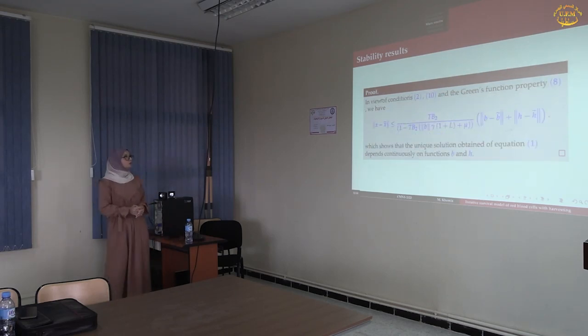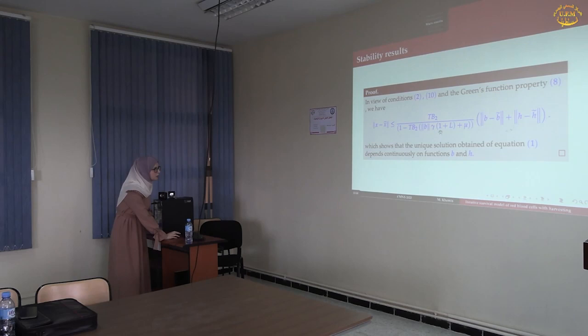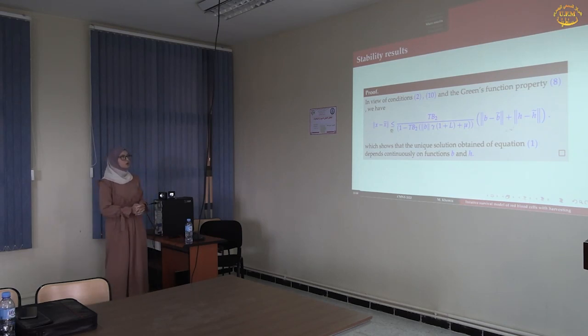So in view of conditions 2, 10, and Green's function property 8, we arrive at this inequality, which shows that small variations in production rate b and harvesting term h lead to small variations in the obtained solution. So the unique solution obtained of equation 1 depends continuously on parameters b and h.